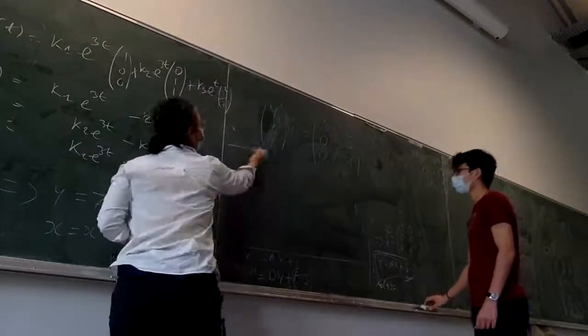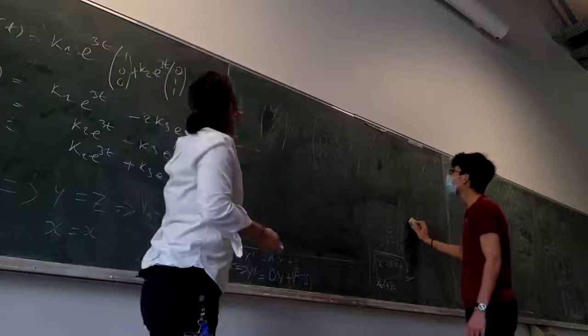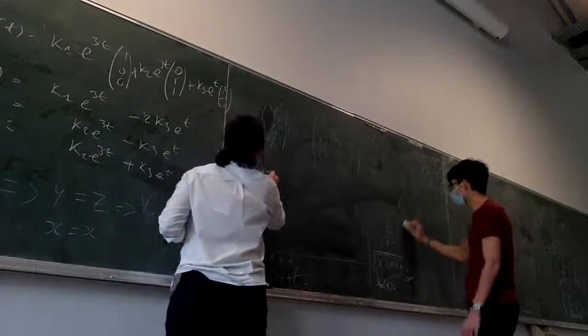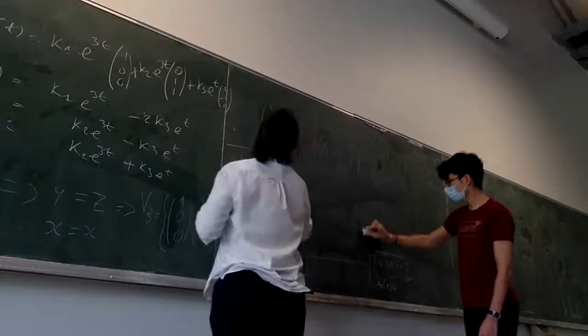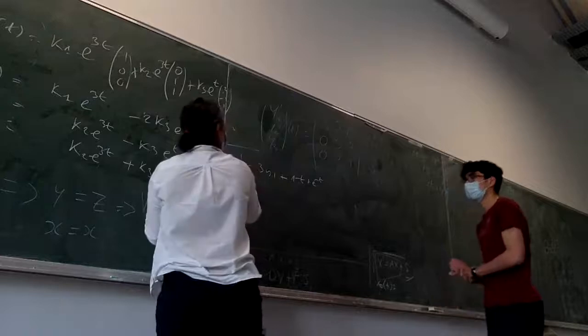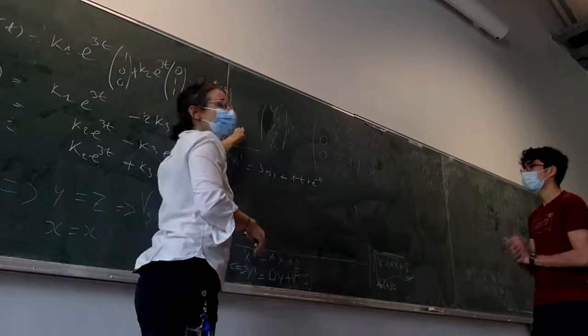What's good about this system is that if you expand that and write it line by line, you're going to get y1 prime is equal to 3y1 plus 1 minus t plus e to the minus t. I'm writing exactly the same thing, just writing each line of that matrix equation.